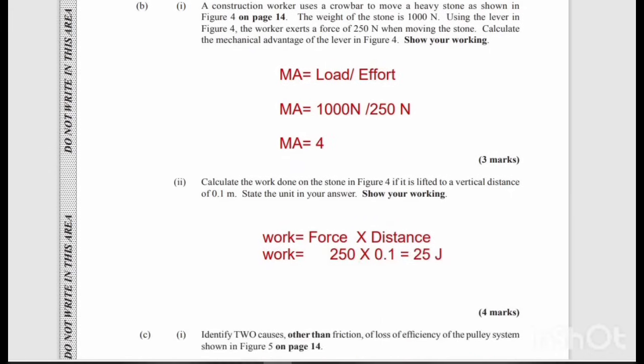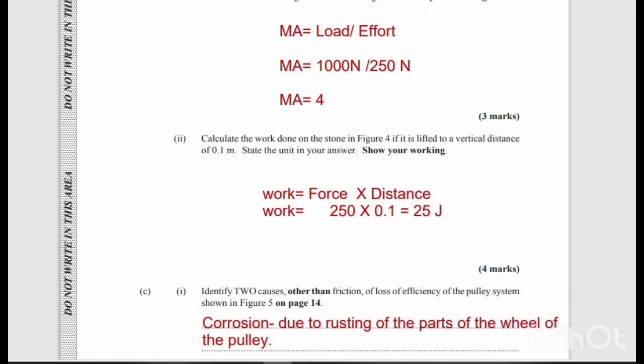All right guys, the next part of the question says we should calculate the work done on the stone in figure 4 if it is lifted to a vertical distance of 0.1 meters. State the unit in your answer. Now if it's asking you to calculate work and it has given you distance, you're going to use the formula work is equal to force multiplied by distance.